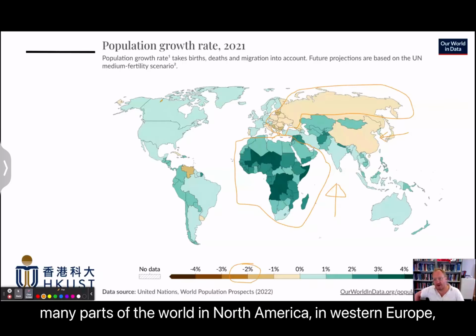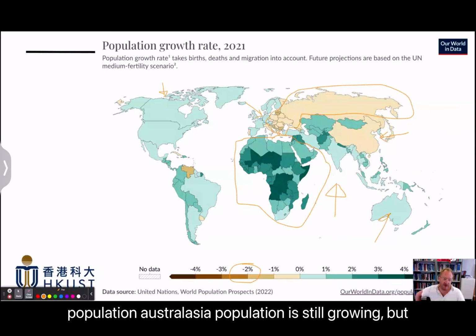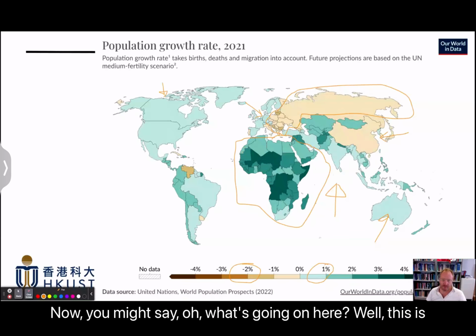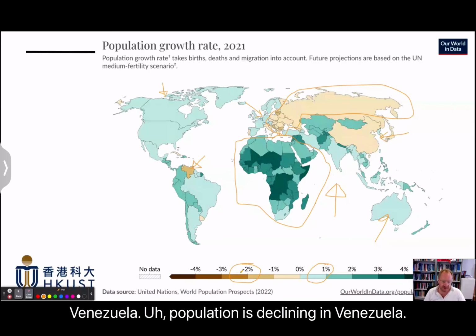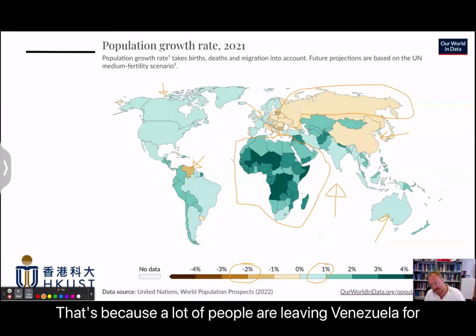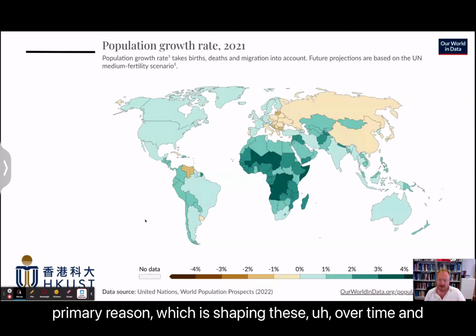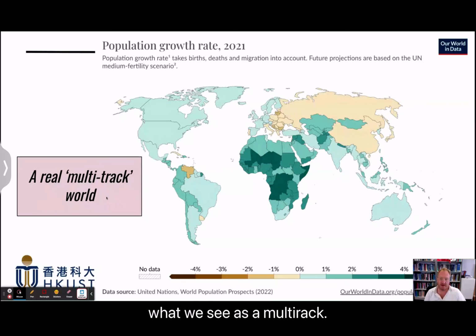And in many parts of the world, in North America, Western Europe and Australasia, population is still growing, but at a relatively low level. You might say, what's going on here? Well, this is Venezuela. Population is declining in Venezuela because a lot of people are leaving Venezuela for political and economic reasons.